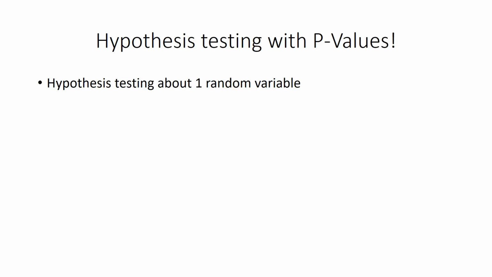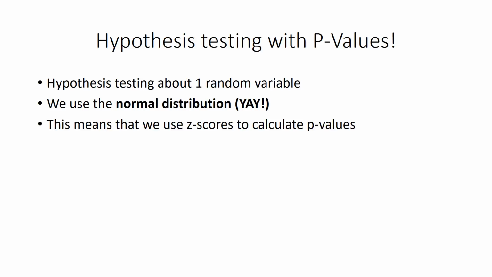In order to do hypothesis testing with one random variable, we use the normal distribution, which is very exciting because the normal distribution has known and specific characteristics that you're very familiar with now, including the mean of 0, the standard deviation of 1, and the fact that we can calculate z-scores as measures of dispersion, so where our data is in the normal curve and how far away it is from the mean in terms of our z-scores.